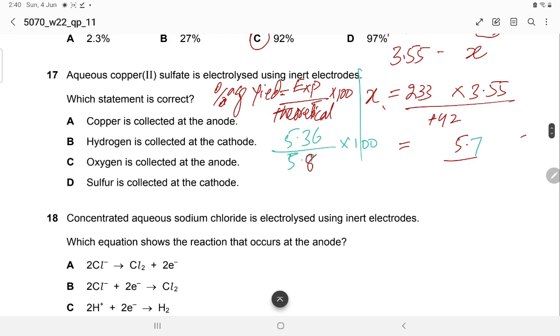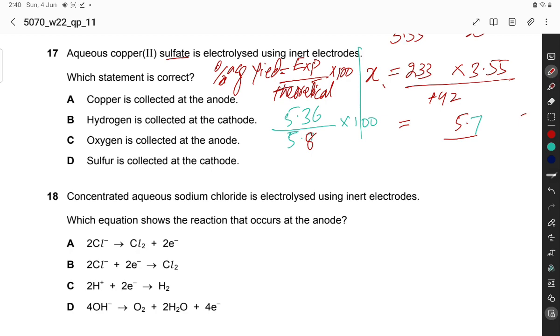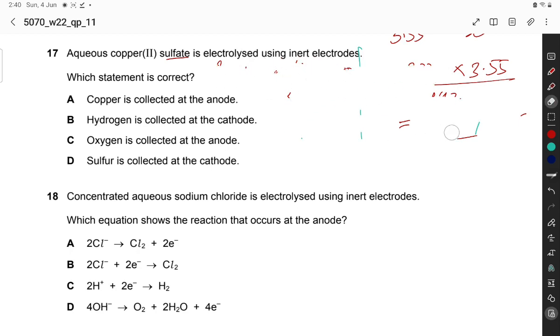Okay, question number 17. Aqueous copper 2 sulfate is electrolyzed using inert electrodes. Which statement is correct?